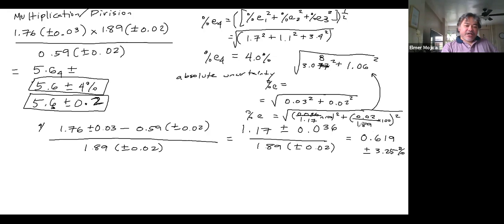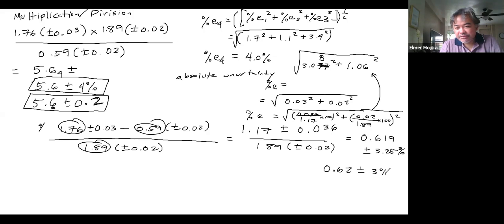So if we're going to follow it, if we round this up, as you could see here, 3.254, so we might round this up as 0.62 plus or minus 3%. And then in terms of absolute, you can use the whole 3.25 divided by 100 times 0.62.